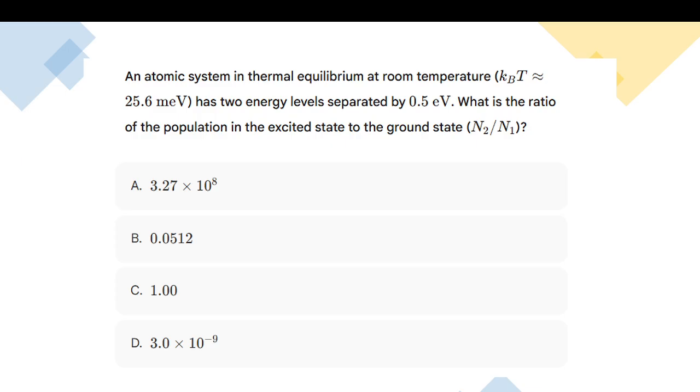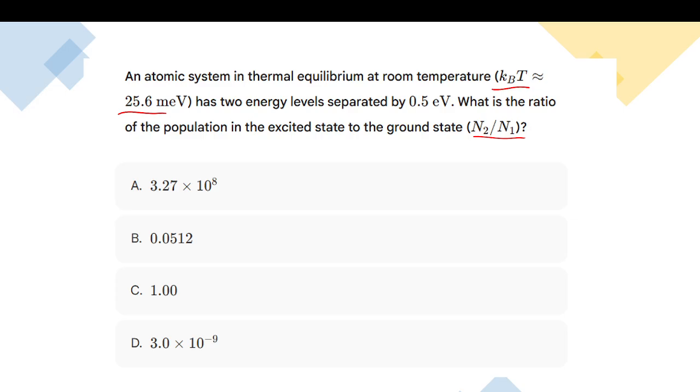Okay, the next question is: an atomic system in thermal equilibrium at room temperature, where kBT is equal to 25.6 milli electron volt, has two energy levels separated by 0.5 electron volt. What is the ratio of the population in the excited state to the ground state, N2 by N1?